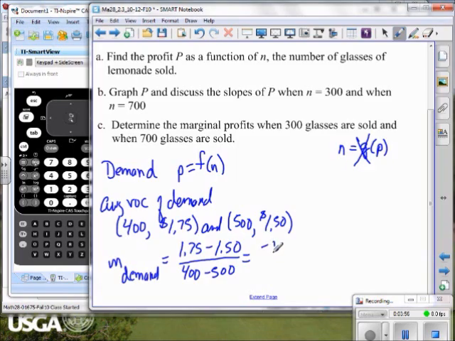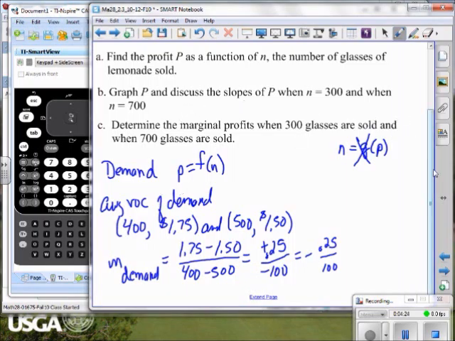And we have positive 25 cents divided by negative 100. I want to just say negative 0.25, 25 cents divided by 100. And you could also put some zeros in front of that, make it 0.0025 if you wanted to, but I'm going to leave that here.